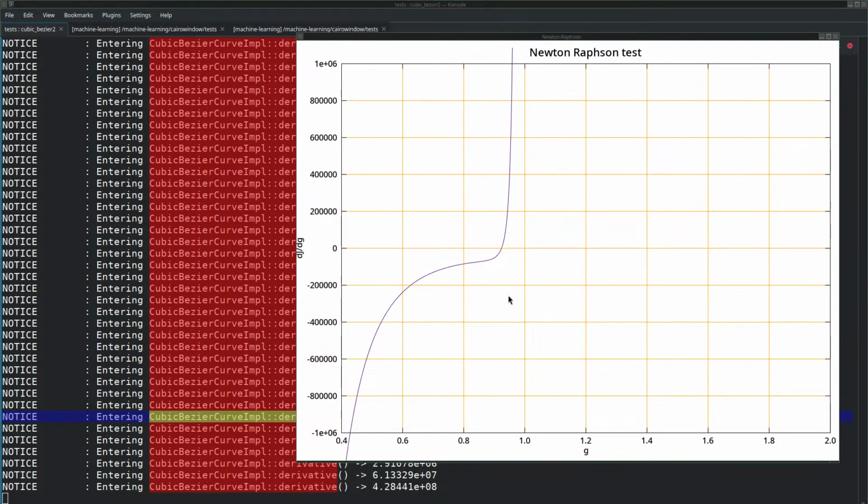Newton-Raphson is majorly failing here, because the function doesn't even exist here. Yep, okay. So the problem is that Newton-Raphson doesn't work on this function.